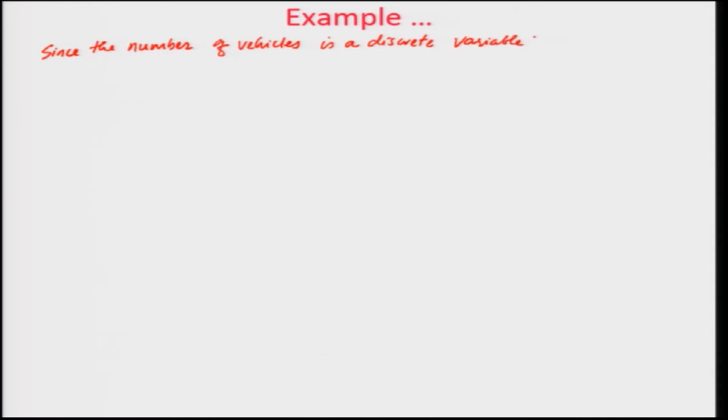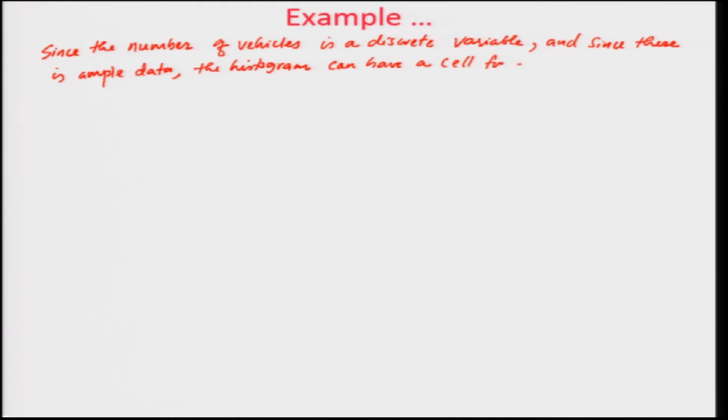Discrete means they are countable, okay, separated out, not continuous, and since there is ample data, the histogram can have a cell for each possible value in the data range.